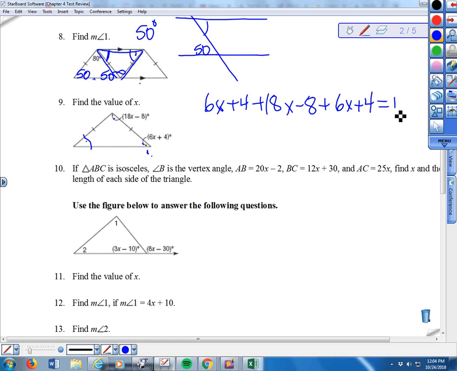And altogether, those three angles must be 180. Right? So now I'm just going to simplify. 12 plus 18 is 30x. 4 minus 8 plus 4 is 0. X is 60.